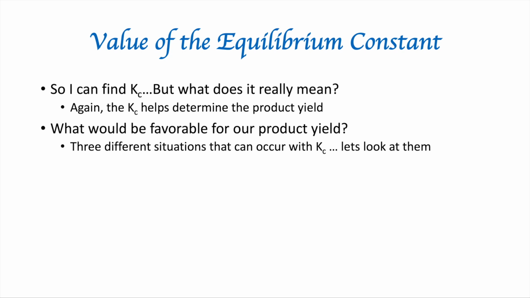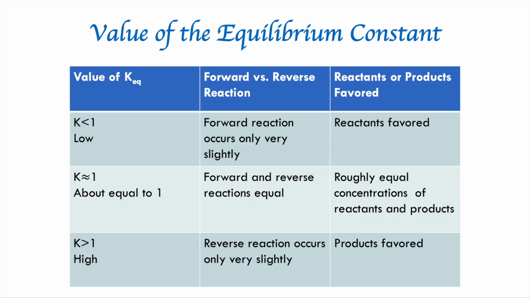Basically there are 3 different situations that occur with Kc, so we're going to take a look at those. If the constant is less than 1, basically a forward reaction occurs only very slightly. Therefore the reactants are being favored.